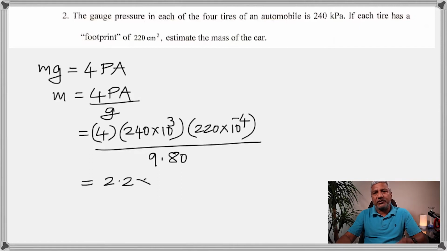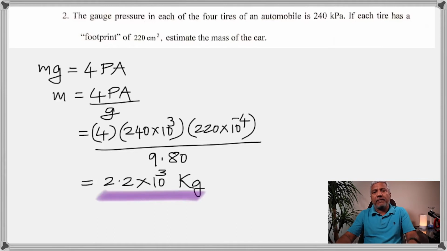Do be careful when you change centimeter squared into meter squared. It's times 10 to the negative 4. Divide by g, and you get 2.2 times 10 to the power 3 kilograms as the mass of the car. Then you have to look at the answer and think about it, and okay, that sounds right, that could be the mass of a car.